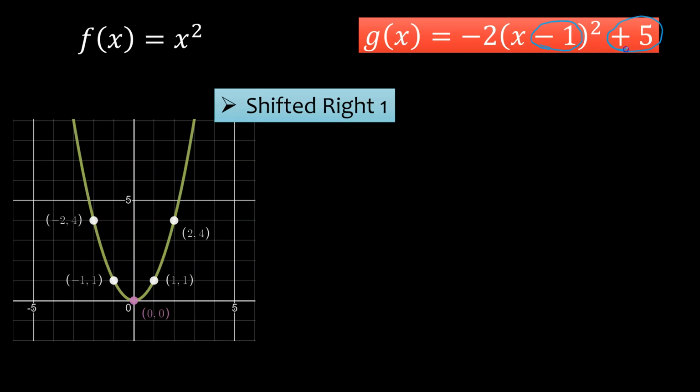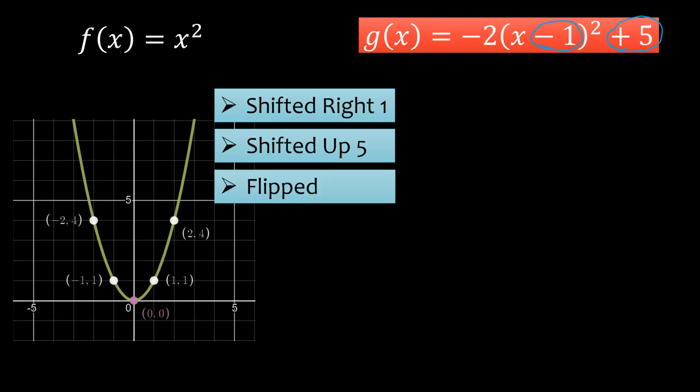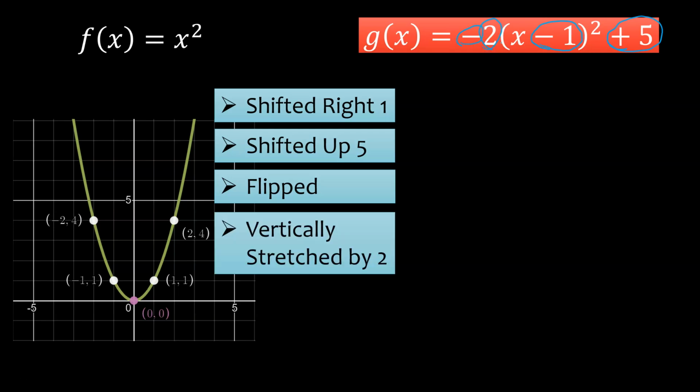Outside, with addition, we do it as is, so we shift up 5. Then we flip over because of the negative, and the 2 will vertically stretch by 2.